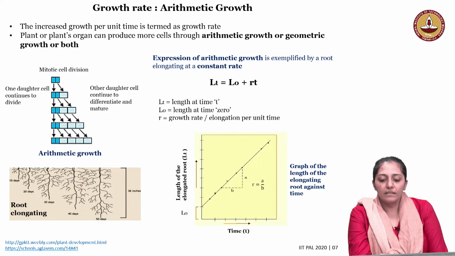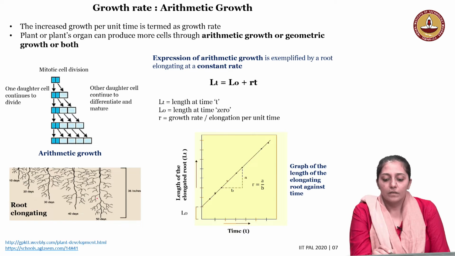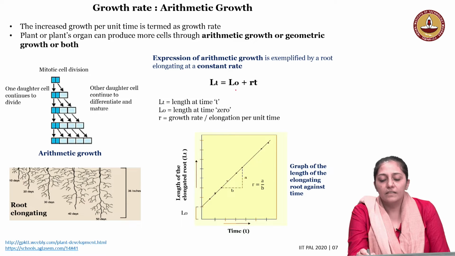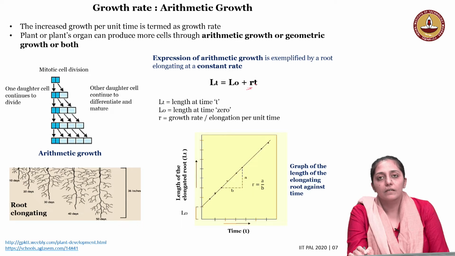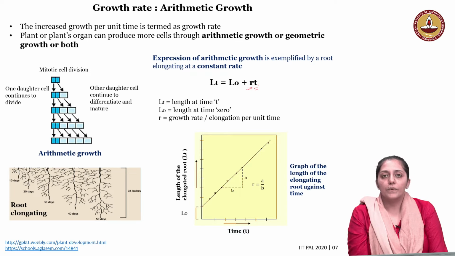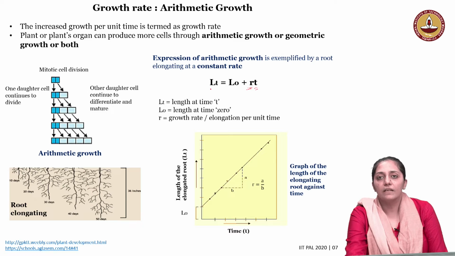If we want to depict the rate of growth in this root, we can use the expression for arithmetic growth happening at a constant rate, where the length of the root at any given time t can be given as the initial length of the root plus the rate at which the root is growing times the total time in which you want to determine the length.